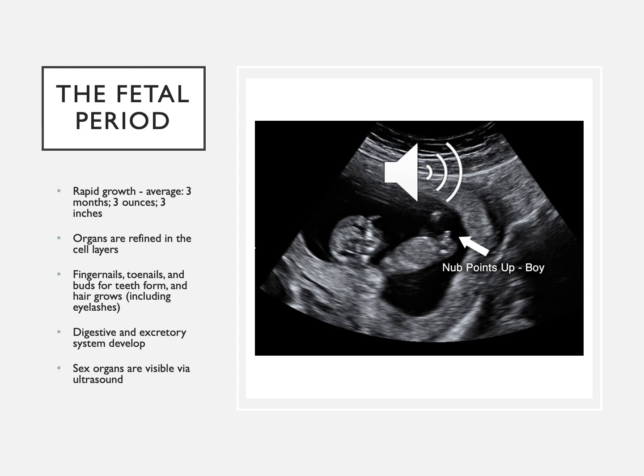We also see the refining of the cell layers, so the outer cell layers of the endoderm, mesoderm, and ectoderm that were beginning within the embryonic period, we see that the fetus is now starting to have more gradual function on their own, and those organs are starting to become much more refined. So this includes the fingernails, the toenails, the buds for teeth start to form, and even our eyelashes and hair start to grow during this time.